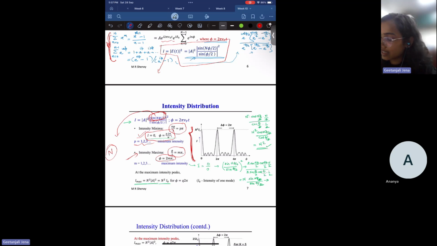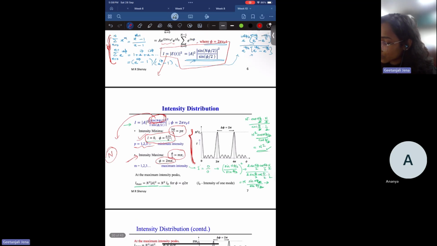It is explained in detail by the professor during the lecture. So for the maximum intensity, let us take n phi by 2 as p pi, right? If you see this, we get a 0 by 0 form.